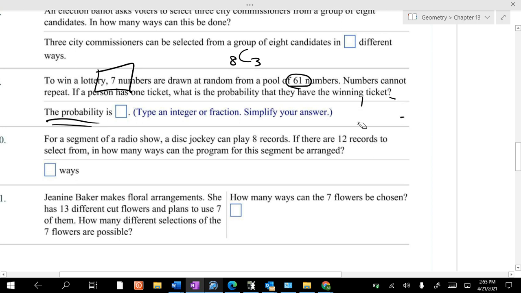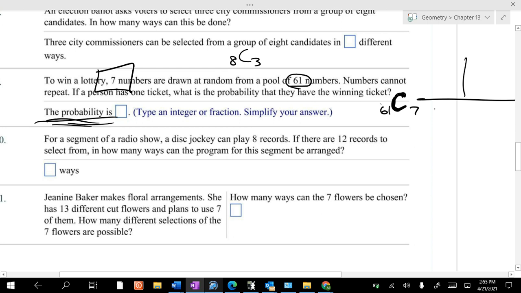So actually, it's a combination, right? Because the order isn't important. You can have the 2 ball come out first or the 21 ball come out first. It doesn't matter. They just count the balls. So it would be 61 combination 7, which is a big number. And they want probability. So it's 1 out of that many. What's 61 combination 7?